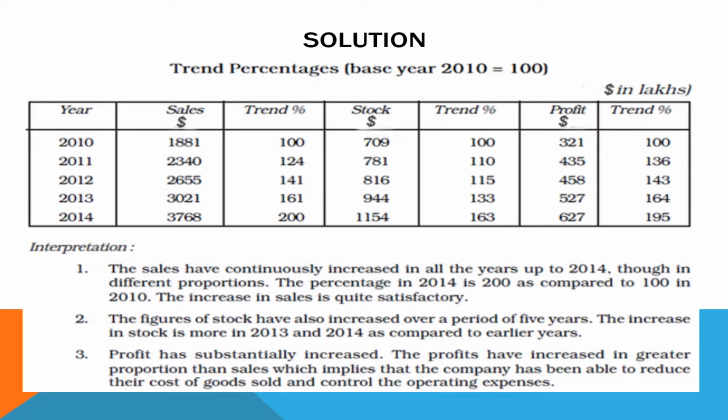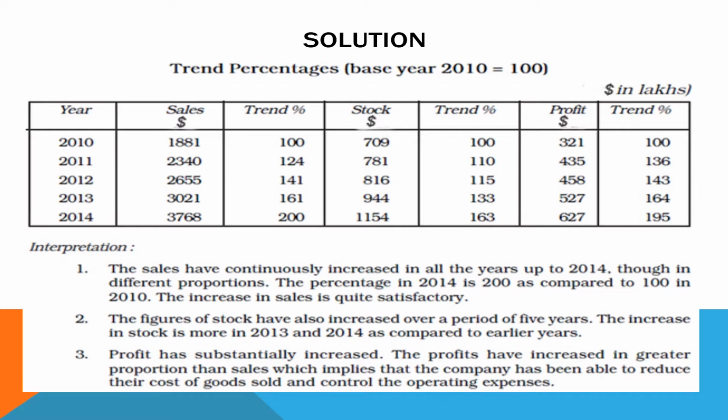As we know, 2010 is the base year, so the percentage of first year will be same, that is 100%. Moving on to next year, that is 2340. Now in order to calculate the trend, we will divide 2340 by 1881 and multiply by 100 in order to calculate the percentage change, which comes to be 124%.